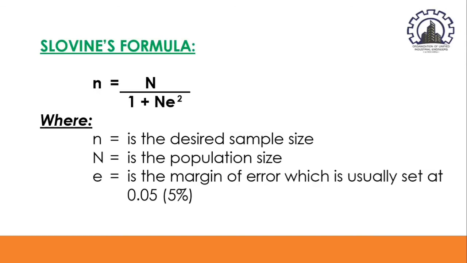However, most researchers often use Slovin's formula, which is determined by n equals capital N over 1 plus N e raised to the power of 2, where small n refers to the desired sample size, capital N refers to the population size, and small e refers to the margin of error, which is usually set at 0.05 or 5%.